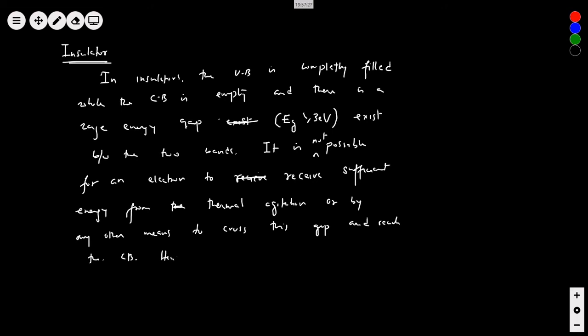Hence, insulators are bad conductors of electricity at low temperature as well as at high temperature.